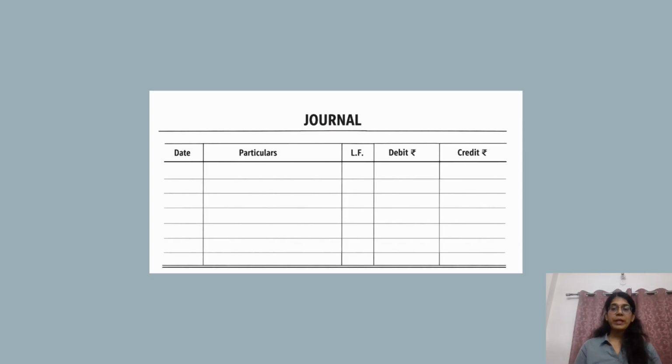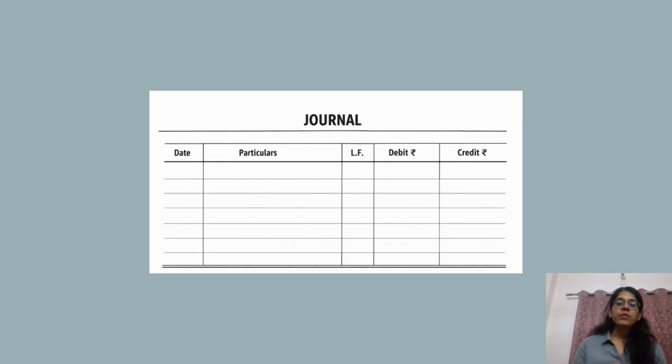So to prepare journal entries, we will have to use the golden rules of accounting that we did in the last class. These golden rules depend on what account we are dealing with: personal account, real account and nominal account. So based on the account type, we will apply the golden rule and get our journal entry, right?